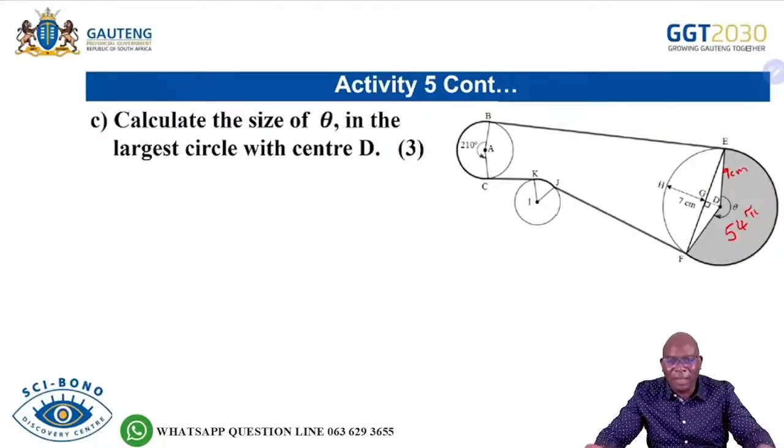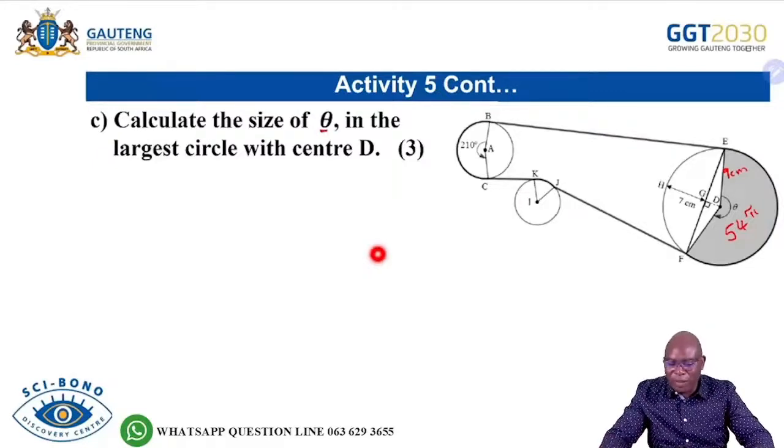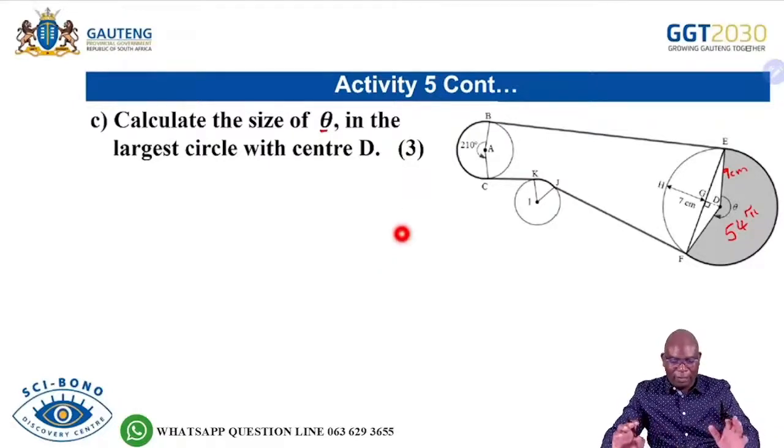I'm given the area and the radius. Now they need the angle. In the next 2 minutes, I want you to do that question. Let's make it 3 minutes to do that question. I've given you an idea on how you're going to do it.